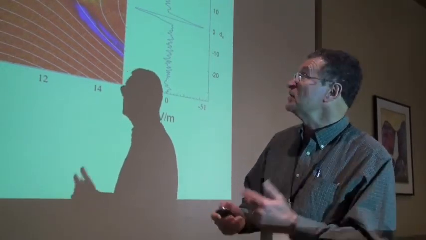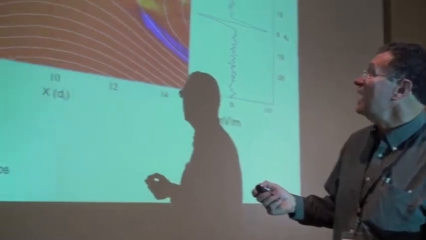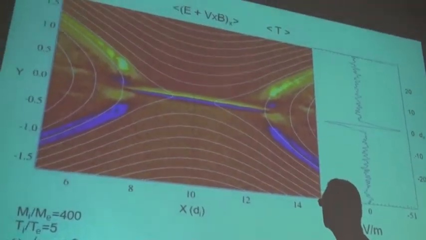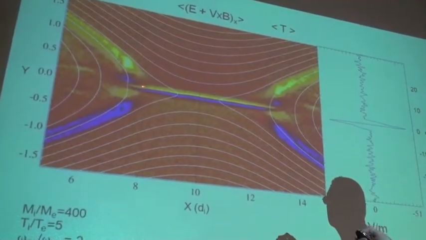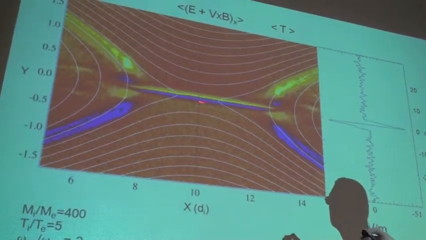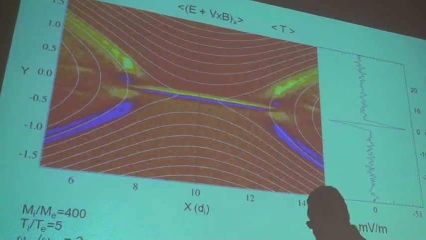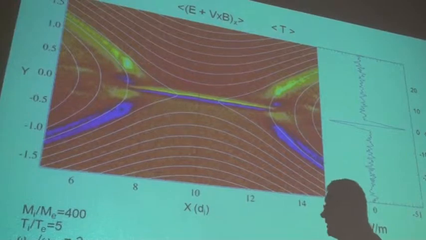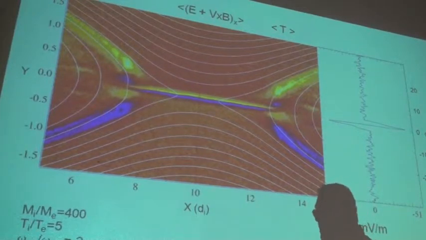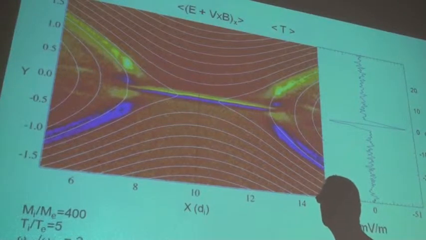What we're looking for, as illustrated in this slide, is very thin current layers such that, illustrated by this yellow and blue line, what's called the diffusion regions, where there's a finite resistivity, not like a resistivity, but a finite electric field that converts electromagnetic energy to particle kinetic energy.